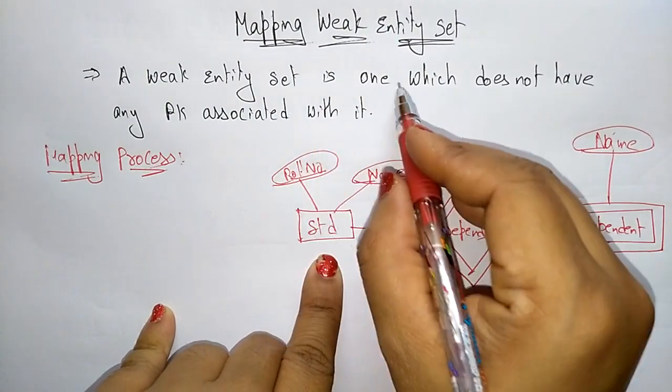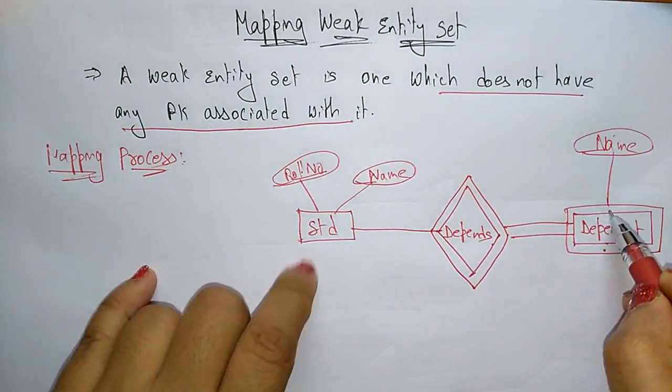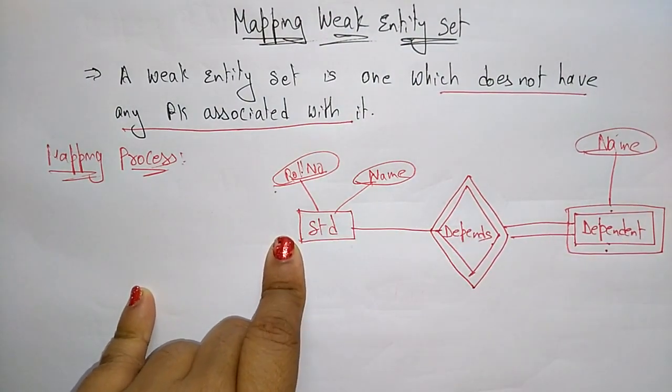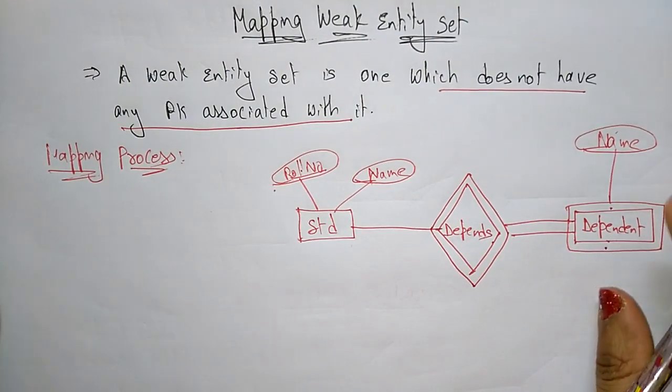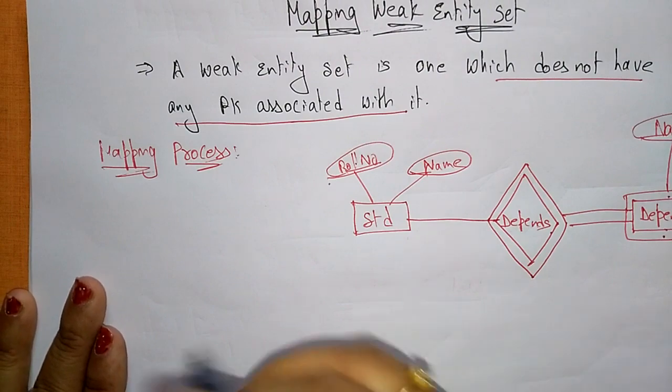So a weak entity set is one which does not have any primary key associated with it. It does not have any relationship with the primary key. It just depends upon the name itself. It doesn't bother about the roll number or anything. This is a weak entity set. Let us see the mapping process of this weak entity set.